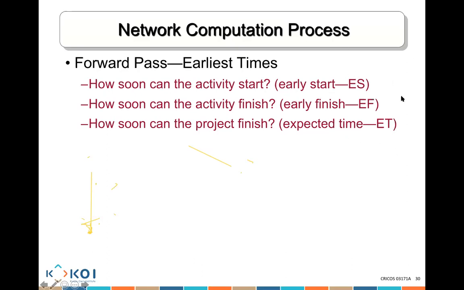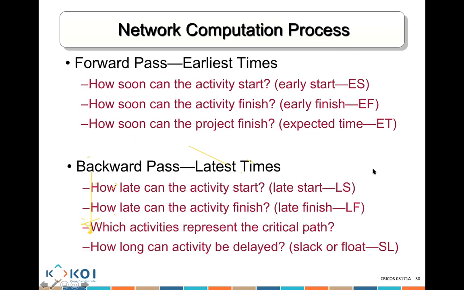When we get to the end of the network diagram and calculate backward, we calculate latest start, latest finish, and slack. Latest start is the latest time an activity can start. Latest finish is the latest time an activity can finish. Slack is how long an activity can be delayed without delaying the project. And critical path is which activities on the diagram cannot be delayed, because if they get delayed, they will delay the project.